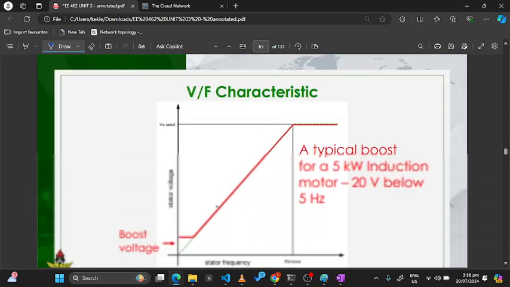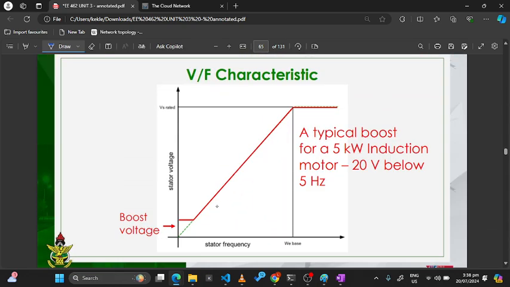So if you redraw the graph, the graph we drew earlier, that's what we have here. So this is a boost voltage. Then here with this high value of Vm, it will be proportional to this. And if you want to increase the speed beyond this value, then you have to weaken the field. Okay.